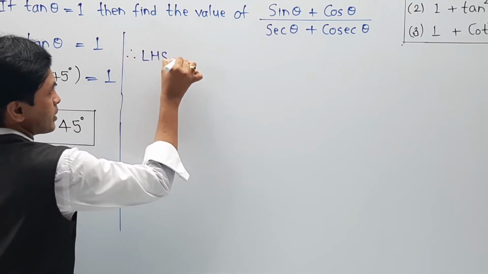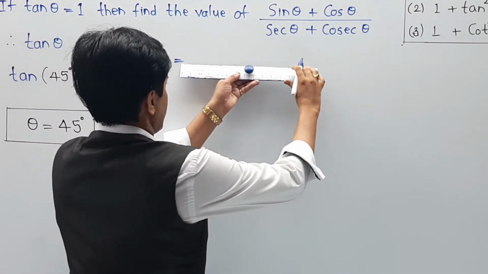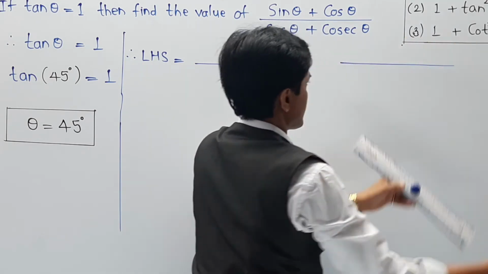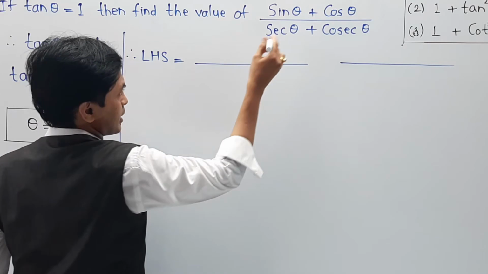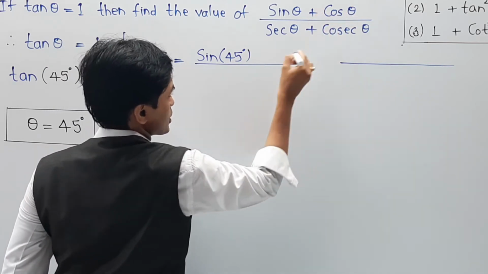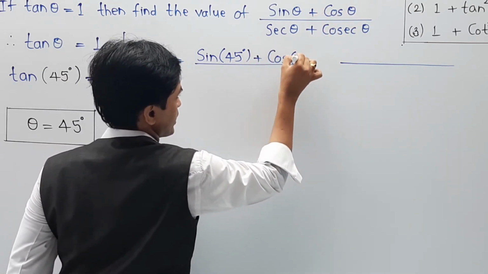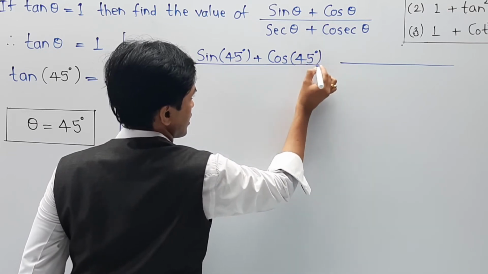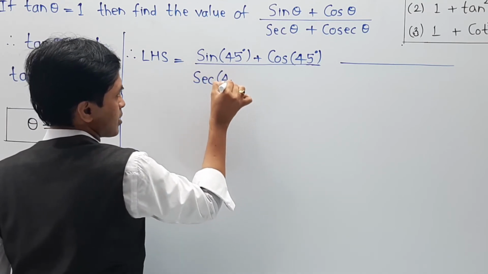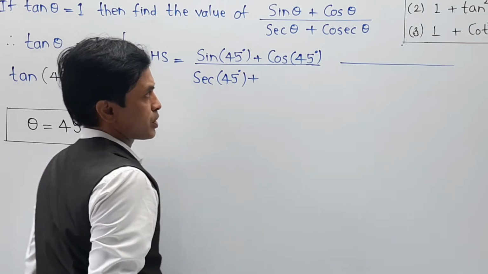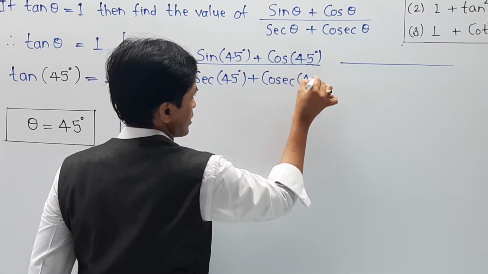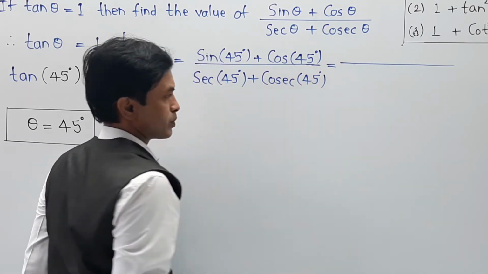So as per the data given by them, the evaluation is: sin theta becomes sin 45 degree, plus cos theta becomes cos 45 degree, divided by sec theta means sec 45 degree, plus cosec theta means cosec 45 degree, is equal to.